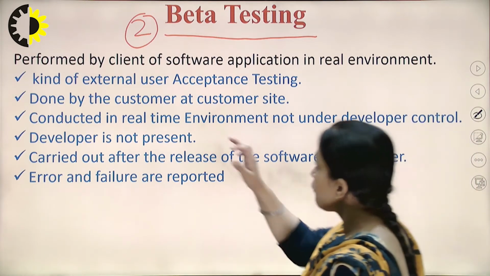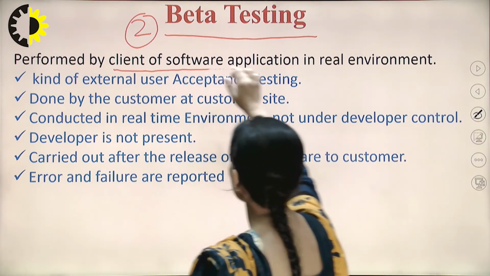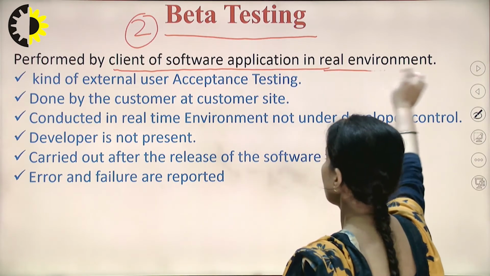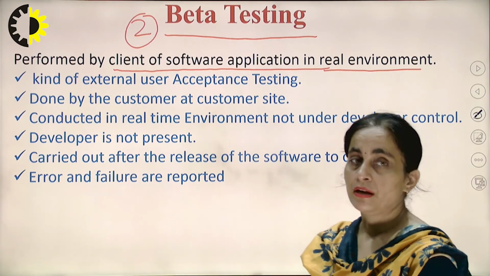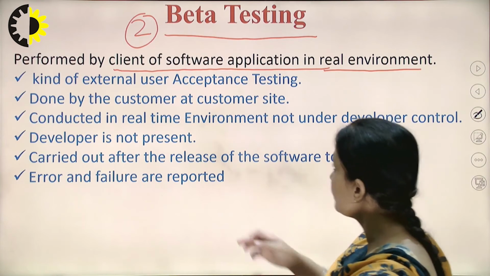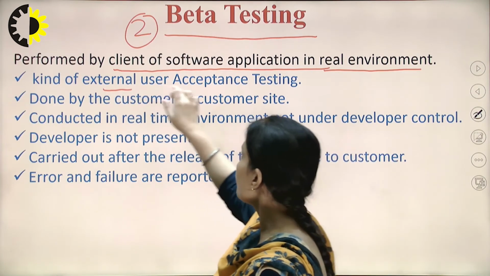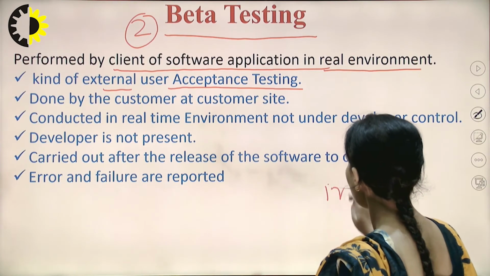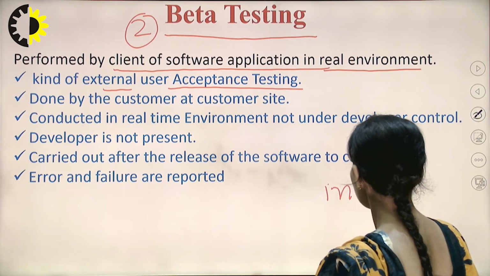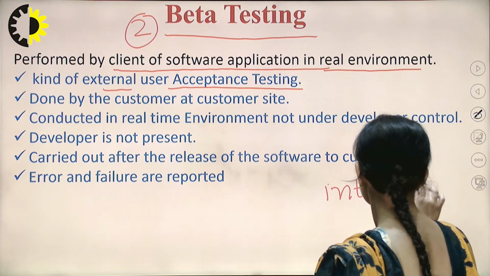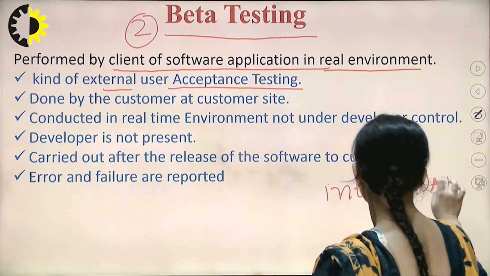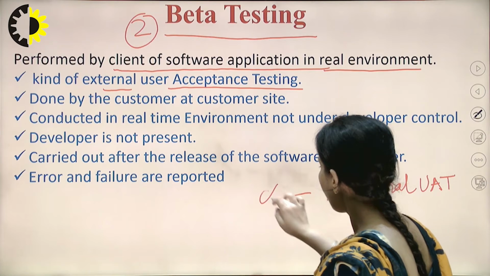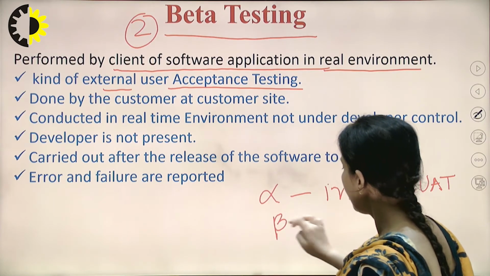It is performed by the client of the software application in a real-time environment, and I can say it is a kind of external UAT. Alpha testing was my internal UAT.